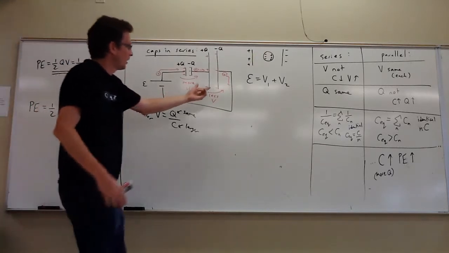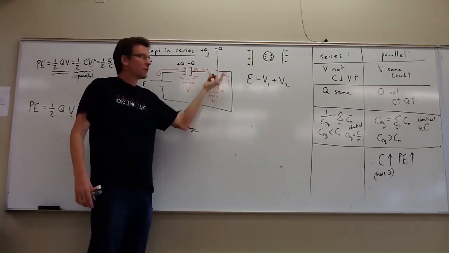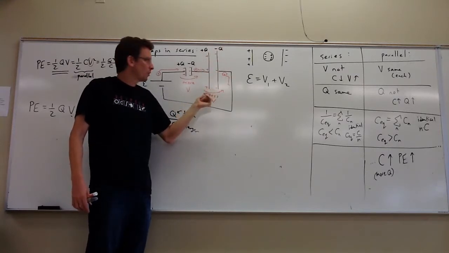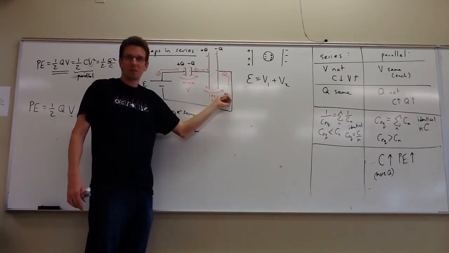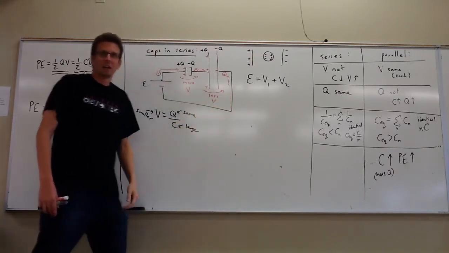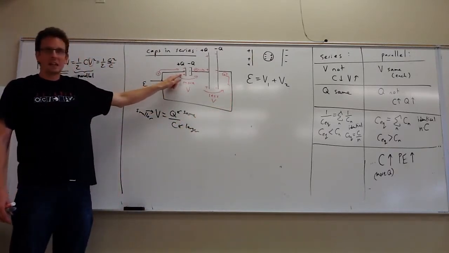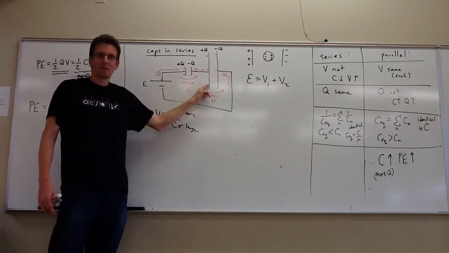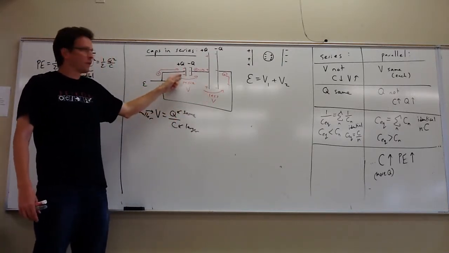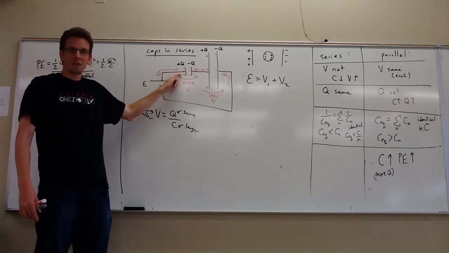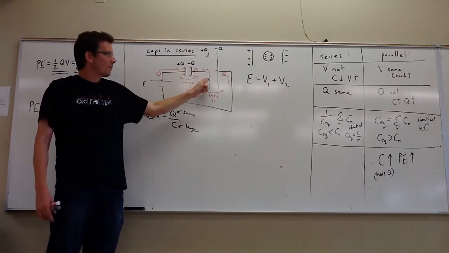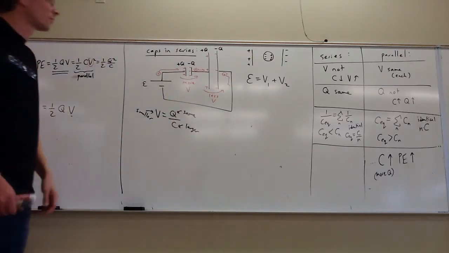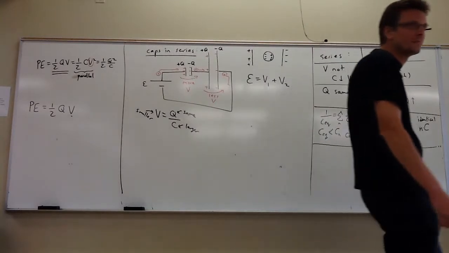Over here, the same amount of charge is lounging luxuriously, with all the room in the world, and so there's not going to be as big of a voltage drop. Think of it like you have to work harder to get that charge onto this small capacitor than this one. It's going to take more effort to get it onto the small space, and less effort to get it onto the large space. Does that make sense?